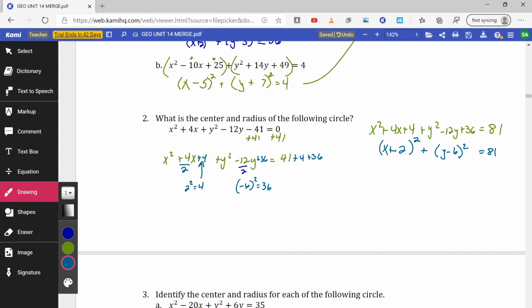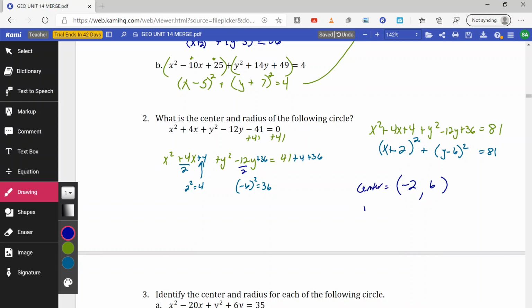So now we are in the correct format, the standard form of equation of a circle, and we can use this to determine the center. Again, center is the x and y values just with reversed or opposite signs. So positive 2 is negative 2, negative 6 is 6, so there's my center.